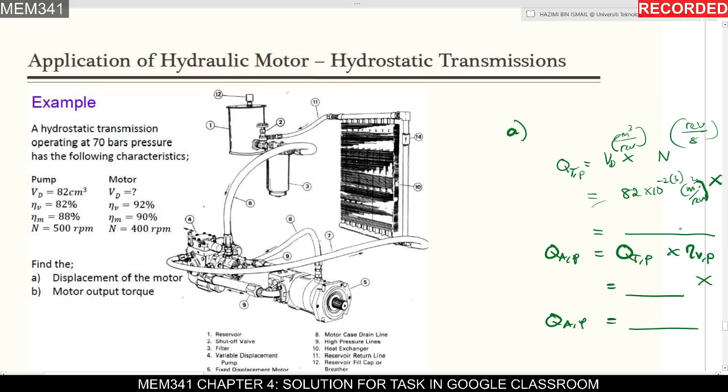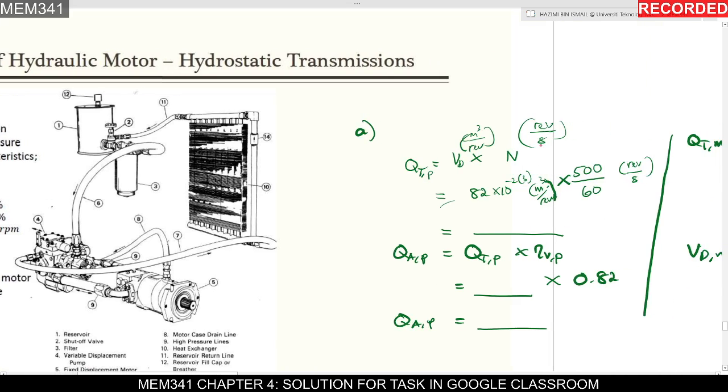To calculate QT for the pump, it equals displacement of the pump times the speed. Speed here must be in the unit of revolution per second, because the unit for the pump displacement here is meter cube per revolution. So when we multiply Vd with the speed, we can cancel off the revolution unit and finally get the unit of meter cube per second.